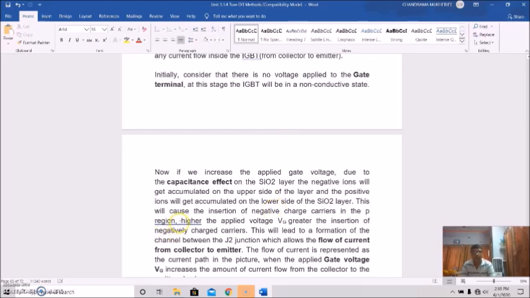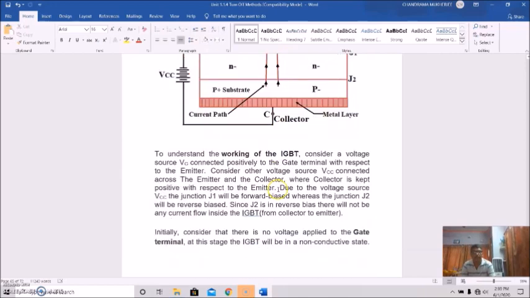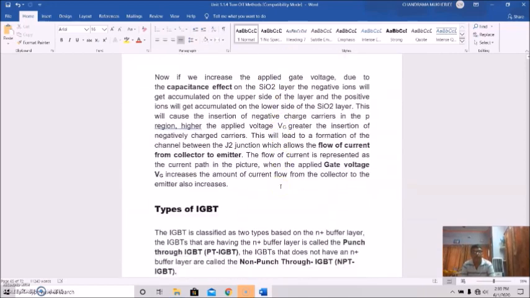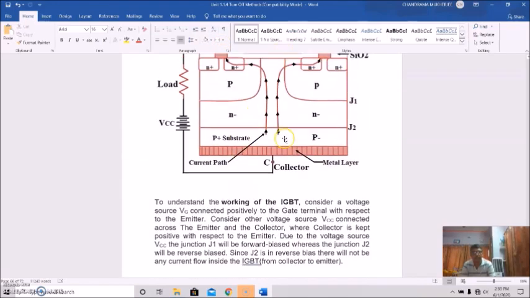The higher the applied voltage VG, the greater the insertion of negatively charged carriers, leading to the formation of a channel between junction 2, which allows flow of current from collector to emitter. The flow of current is represented in this picture by these directions.